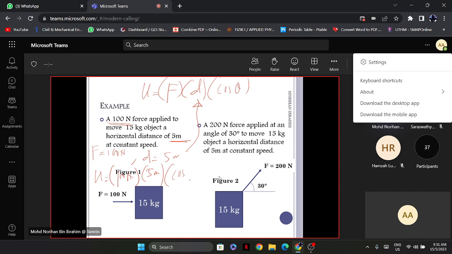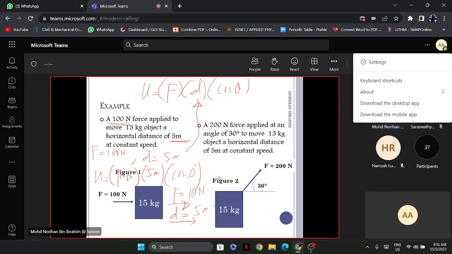Cos theta in this case, oh, 0 degree. Tak ada sudut. Because both of that, in terms of force vector and also the displacement vector are to the rightward, which is 100 Newton. D is equal to 5 meter.